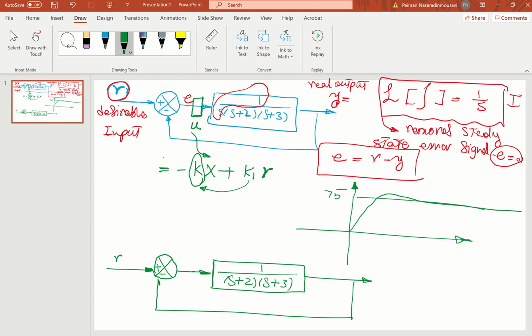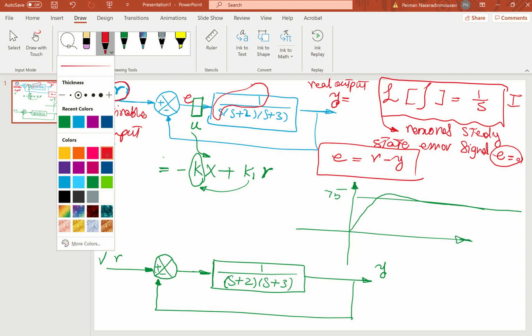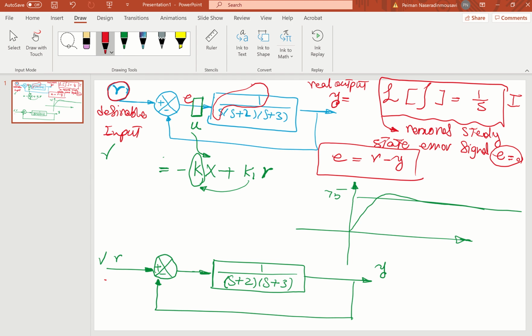There's a similarity between this example and the previous one, but I already removed the I controller here. There is no I controller. This problem says I want to follow a step function or non-zero desirable input, but the system has no integrator in the open loop transfer function.